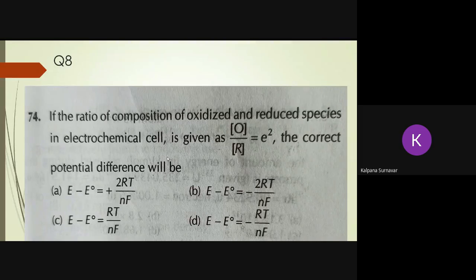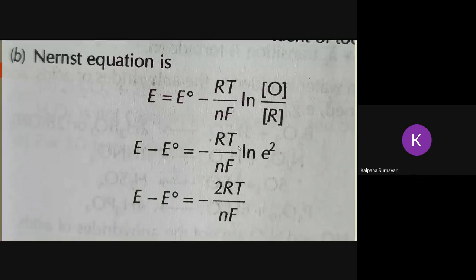We have to know the Nernst equation, which is used to calculate the cell potential, and just put in the values of concentration of oxidized species divided by concentration of the reduced species. Here I have written the answer.